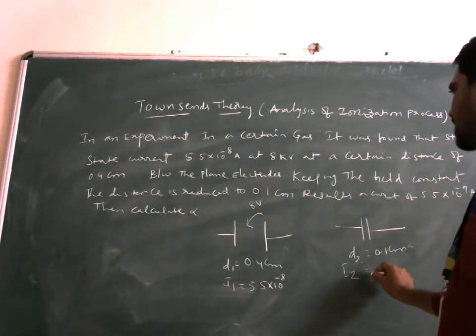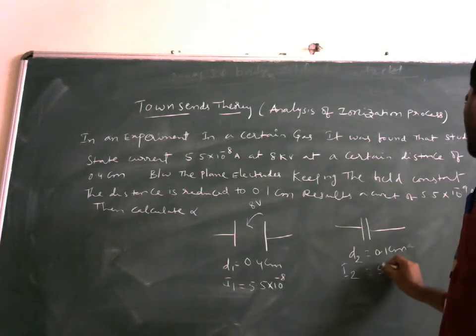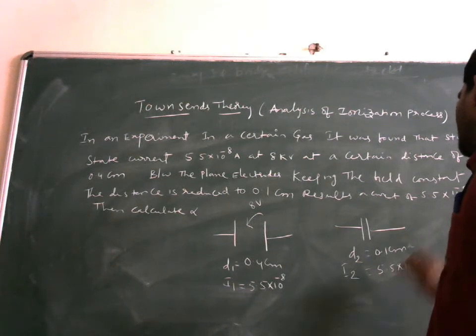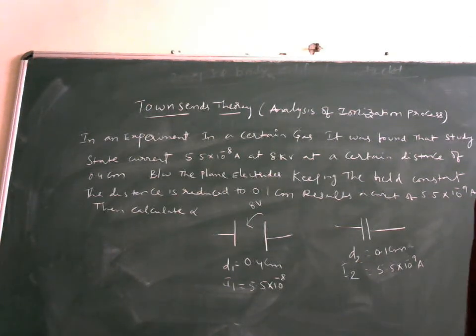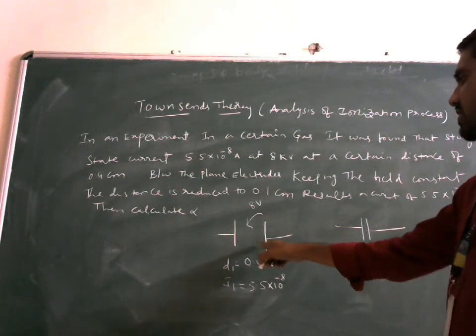In this case, I2 is 5.5 into 10 power minus 9 amperes. He did not change the medium or the applied voltage. He only changed the distance between the two electrodes.